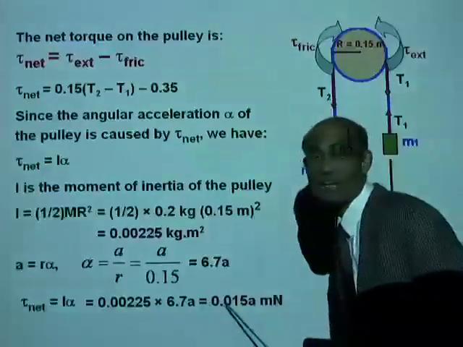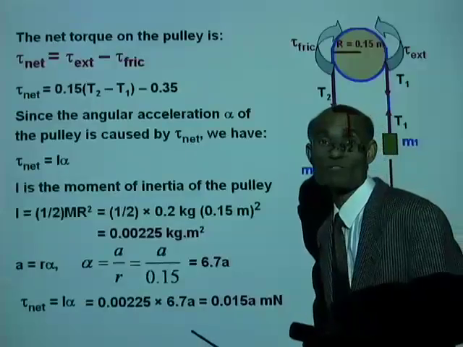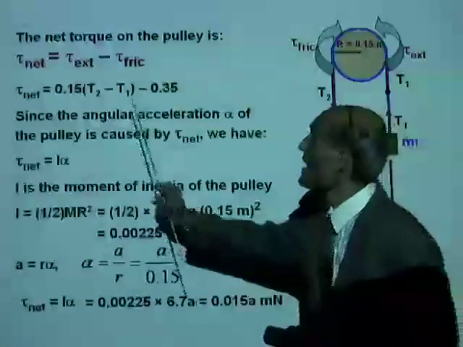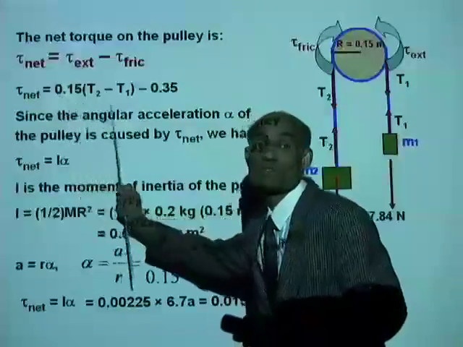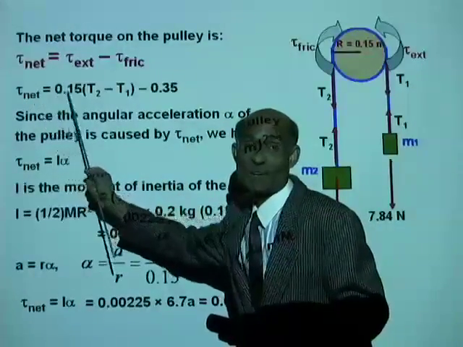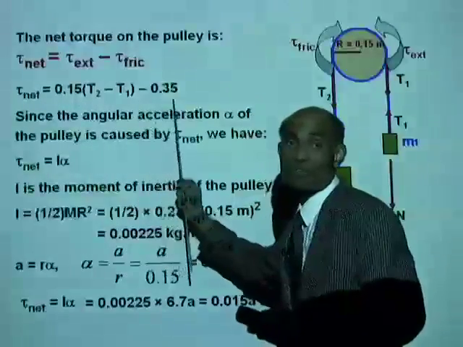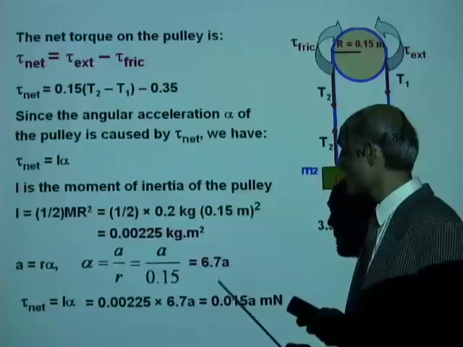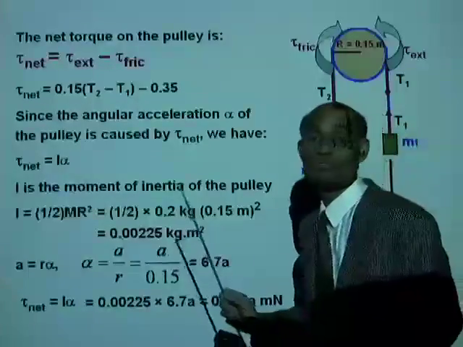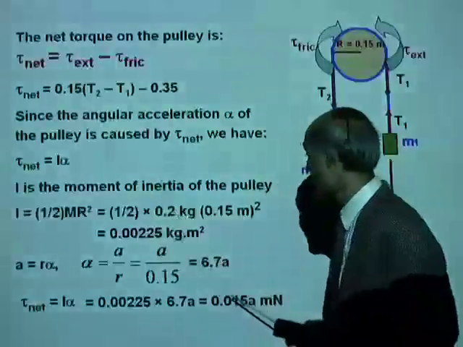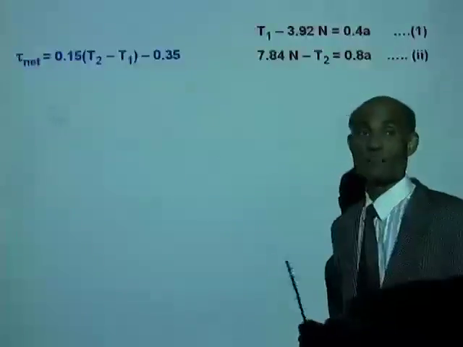So tau net is 0.015 a, and therefore this quantity can be equated to tau net. So we will now take this quantity and equate it to 0.015 a to produce a third equation on T1, T2 and a. Let's do that.